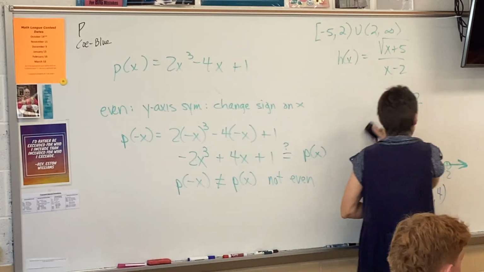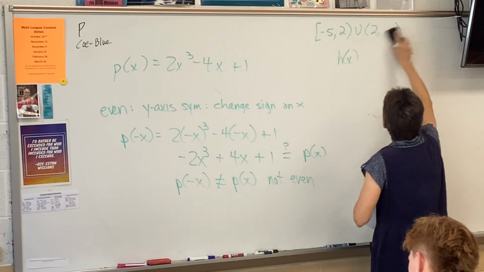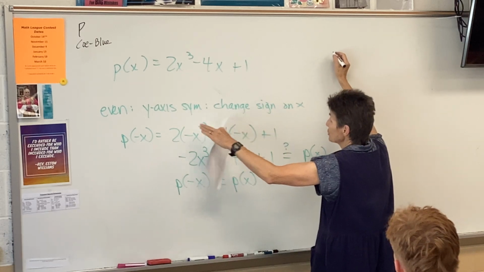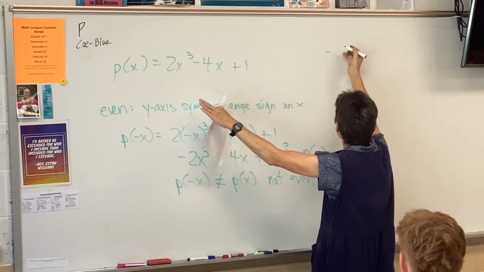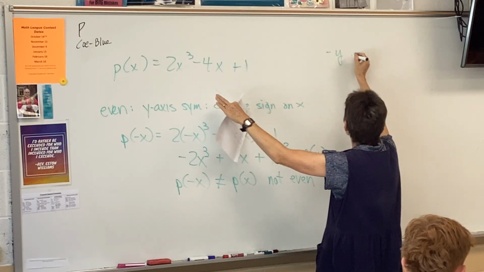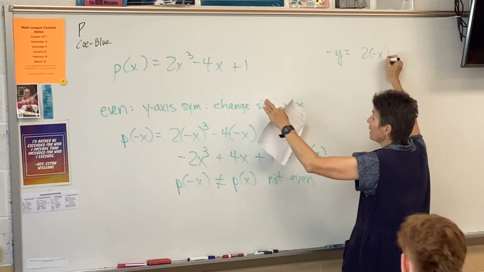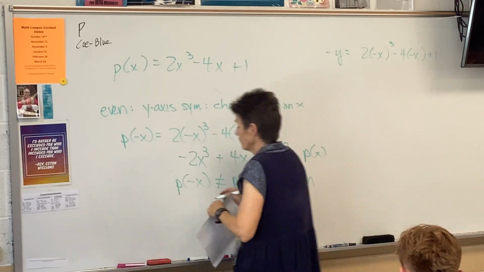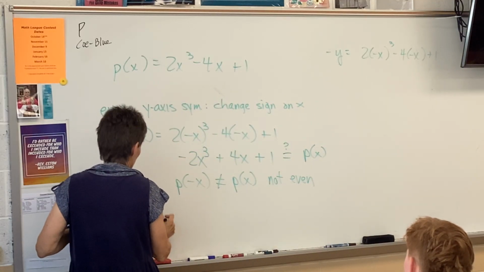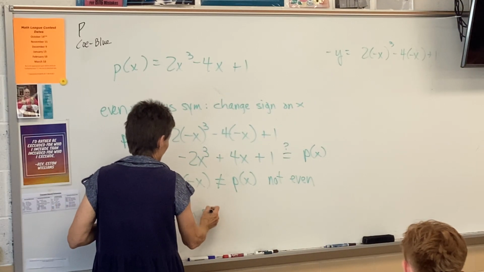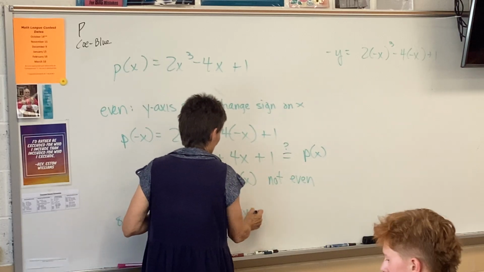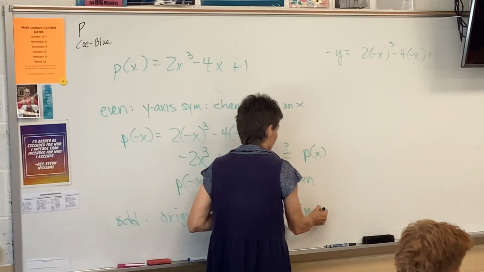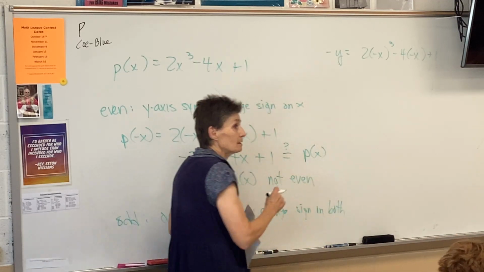All right, what's the test for odd? If it's negative, or if it's the complete opposite. So I'm going to change the sign on y, and change the sign on my x's. For odd, it's origin symmetry, and I'm going to change the sign on both. And what's supposed to happen?